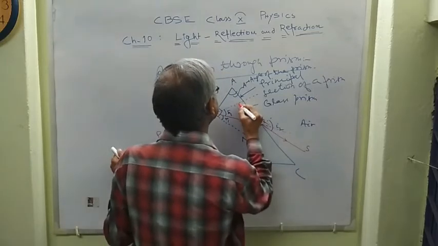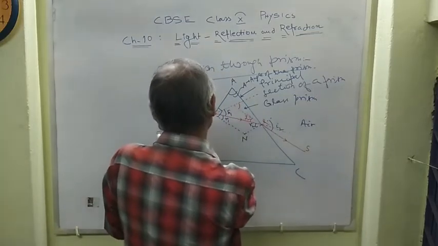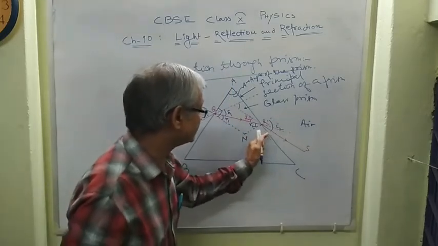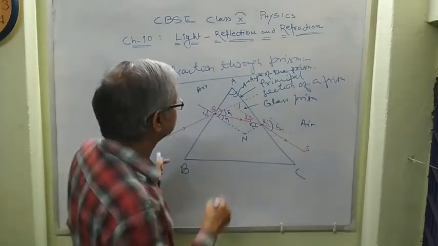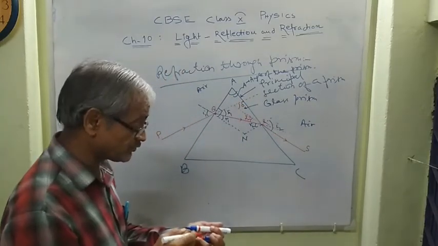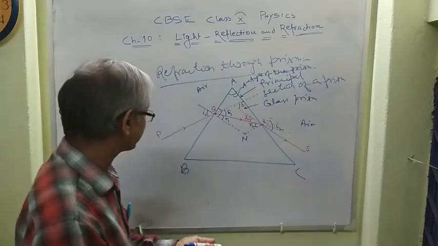And this is the angle between the original direction of the incident ray and the emergent ray. Hence, it is the total deviation produced due to refraction of light through a prism.